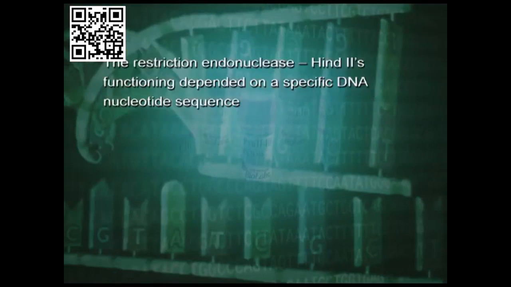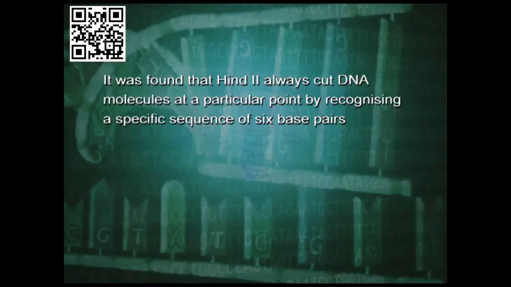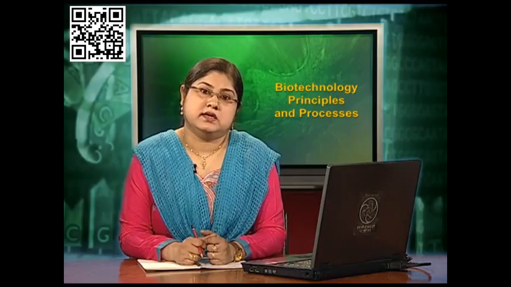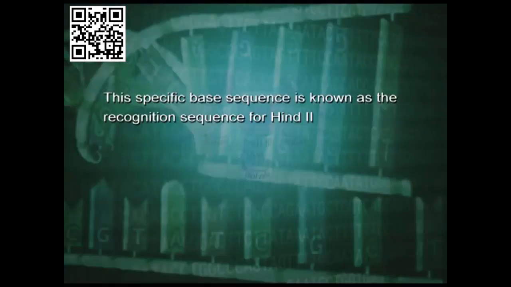The restriction endonuclease HindII's functioning depended on a specific DNA nucleotide sequence which was isolated and characterized 5 years later. It was found that HindII always cut DNA molecules at a particular point by recognizing a specific sequence of 6 base pairs. This specific base sequence is known as the recognition sequence for HindII.